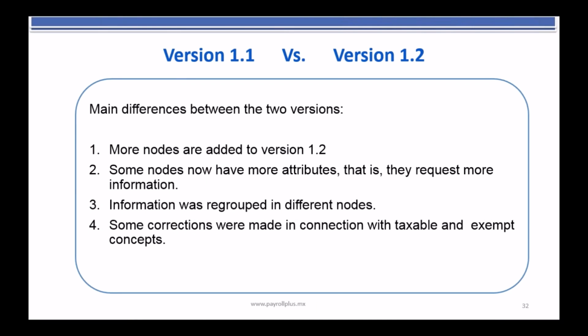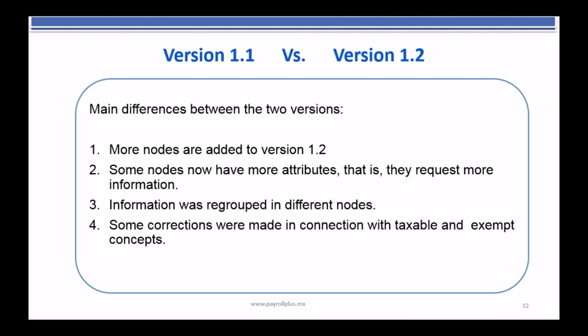The main difference is that there are more nodes or more fields added to version 1.2. We saw that version 1.1 required 40 fields. Now version 1.2 includes 77 fields.